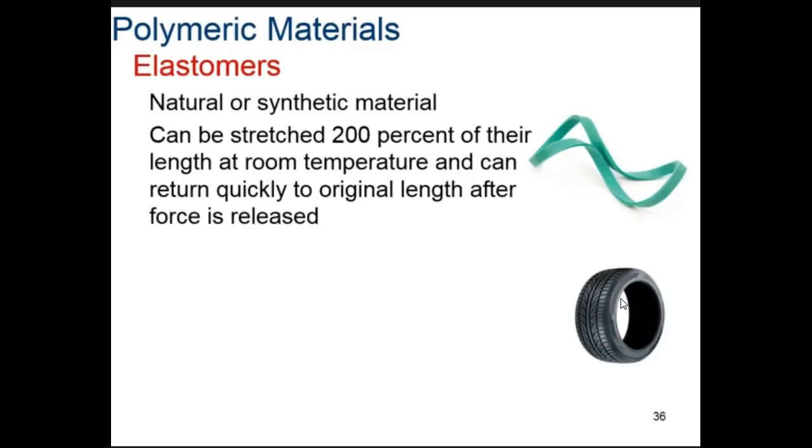Okay, elastomers were our other kind of materials, and these are basically your rubbers that we're going to talk about. There's natural and synthetic. Natural rubber actually comes from a tree, not from a petroleum product. It actually comes from a gum tree, a rubber tree. And elastomers are very stretchy. Think tires, think rubber bands, the soles of your shoes.